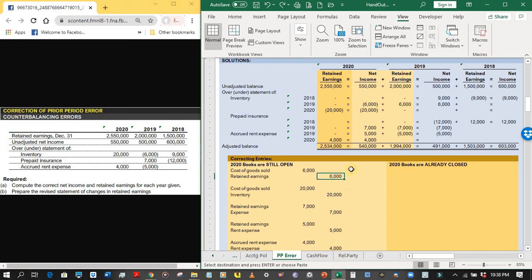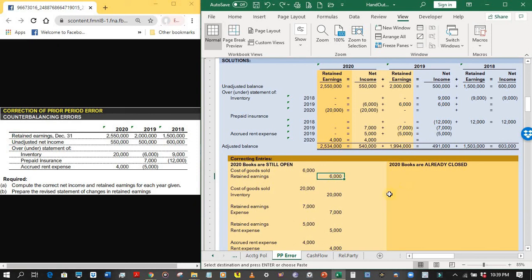So if this journal entry will be recorded in the 2020 books, assuming the books are already closed, the journal entry would be a debit to retained earnings for 6,000 pesos and a credit to retained earnings for 6,000 pesos. So there is no more need to prepare a journal entry for the 6,000 pesos because, based on our table, the error has already counterbalanced.